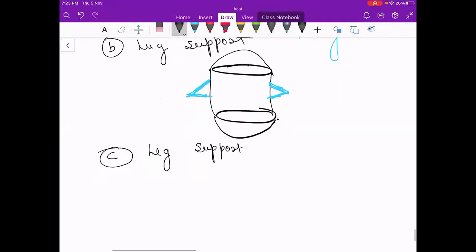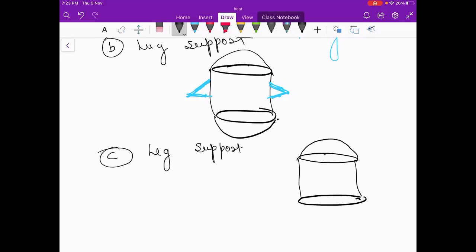So how will leg support work? It will be like this, and you have to make a lug here. Okay, and there will be the legs. On this side there will also be the same thing. So this is leg support.